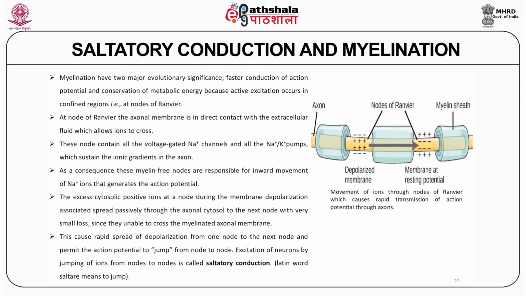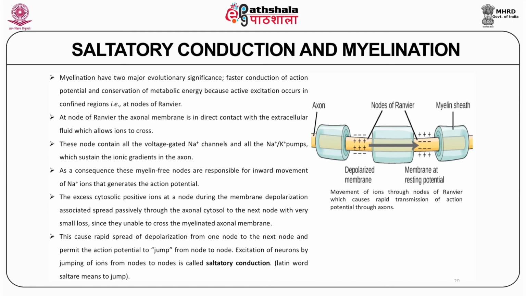Myelination has two major evolutionary consequences. One, faster conduction of the action potential, and second, conservation of metabolic energy, because active excitation occurs in a confined region, that is, at the nodes of Ranvier. At the node of Ranvier, the axonal membrane is in direct contact with the extracellular fluid, which allows ions to cross the membrane.